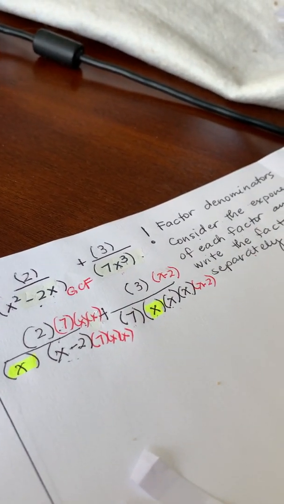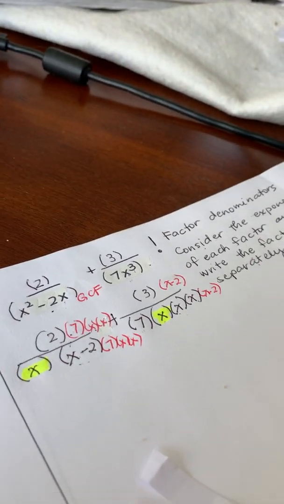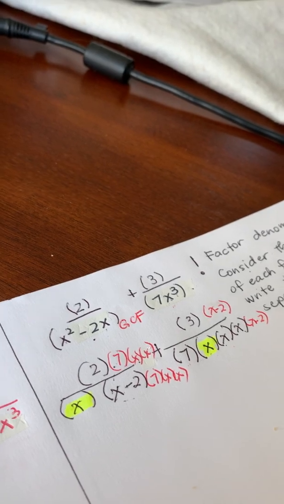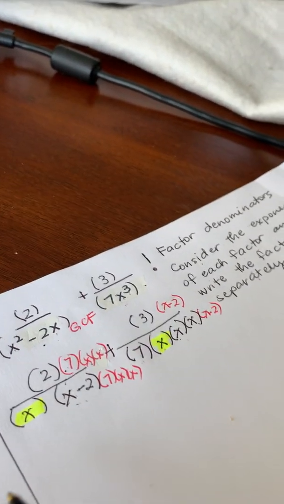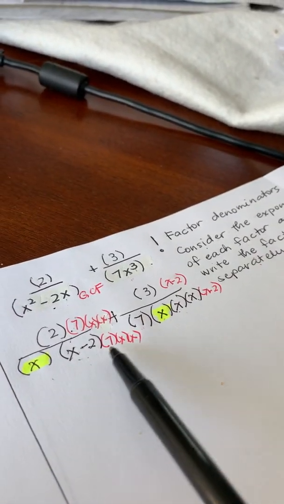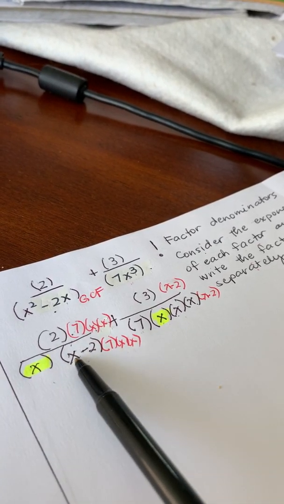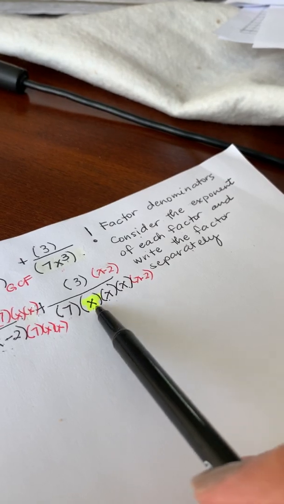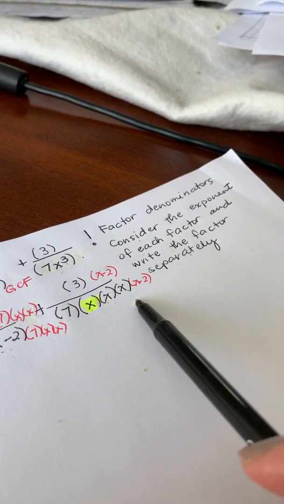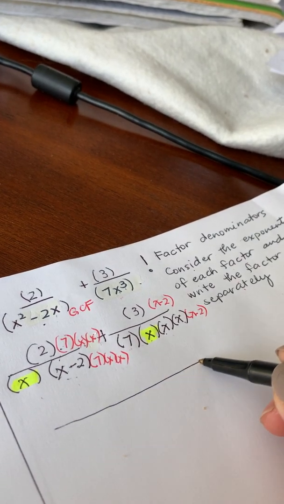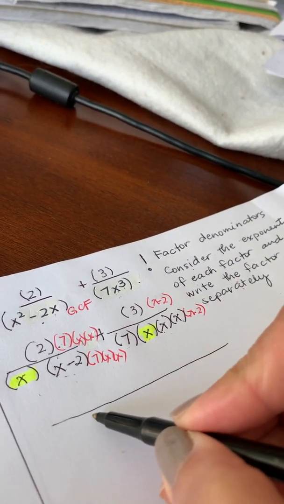Okay, so try to pause the video and try to really understand that part of the simplification. So as you could see now, these denominators are the same. We have 3 x's, a 7 and an x minus 2 here. Here we have 3 x's, a 7 and an x minus 2. So we have found our least common denominator and we can combine these two fractions.